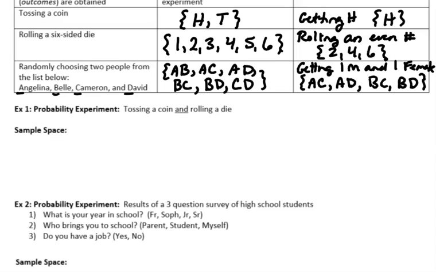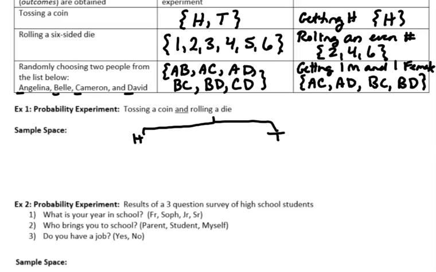Now, let's look at when we have a more complicated sample space, a more complicated number of outcomes. So what if I do 2 different things? I toss a coin and I roll a die. Well, tossing a coin has 2 different outcomes. I could either get heads or I could get tails. Then, after I roll the die, I could get 6 different numbers.